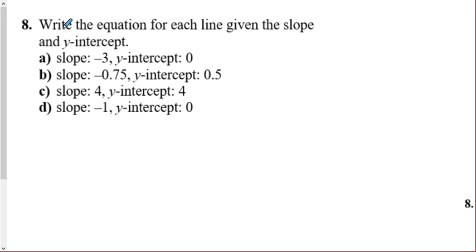Now remember, a slope can be given a couple of ways. We could write slope, we could write m, we could write rate of change. Those all mean the same thing. For our y-intercept, we could have y-intercept, or it could be written as b. Those are all the same thing.